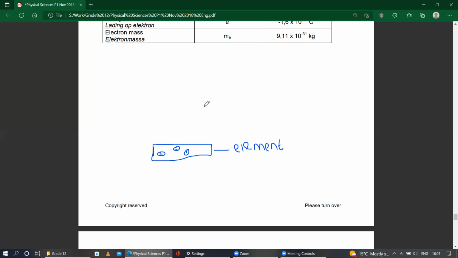So that means when you shine a light onto your element, so this is gonna be a light, when you shine the light onto that particular element, depending on the intensity, on the frequency, and on the wavelength of that particular light, electrons are gonna jump from that metal.